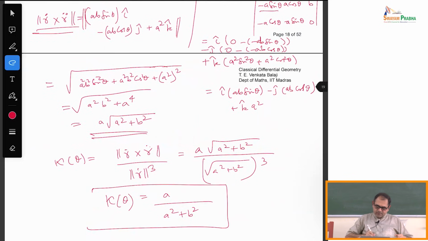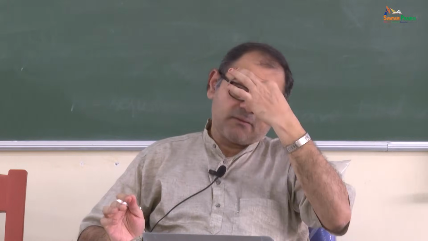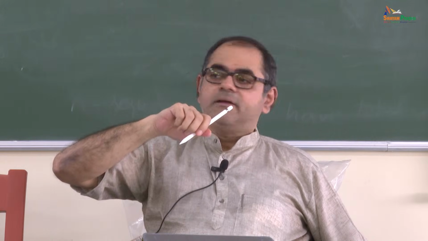Okay, the case when this helix is a circle is when b is 0, and in that case you get a by a squared, which is 1 by a. Because it's just a circle of radius a, the curvature is 1 by a, it agrees. So what you see here is that the helix has constant curvature. Not only that, it's not a plane curve, it also has torsion.